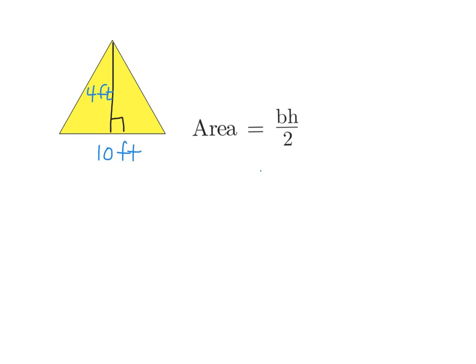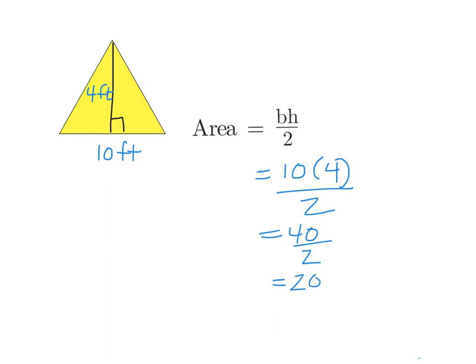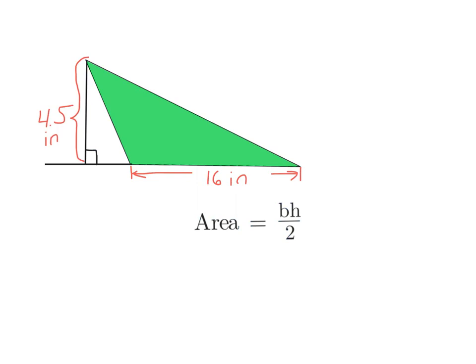So if I take the base is 10 feet times the height, which is 4 feet, and I divide it by 2, 10 times 4 is 40, and 40 divided by 2 is 20. So the area is 20 square feet. And again, the square feet means that the area of the triangle is being covered by 20 units that are 1 foot squared.